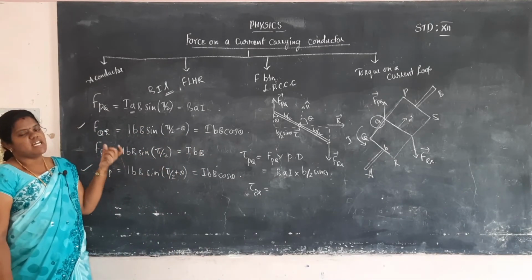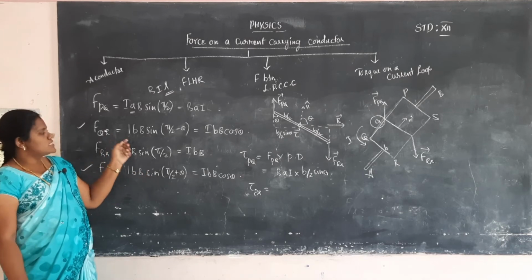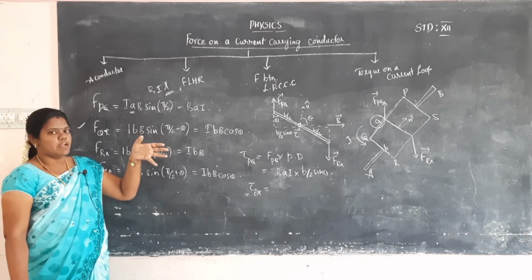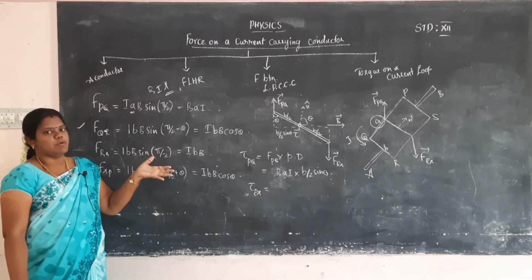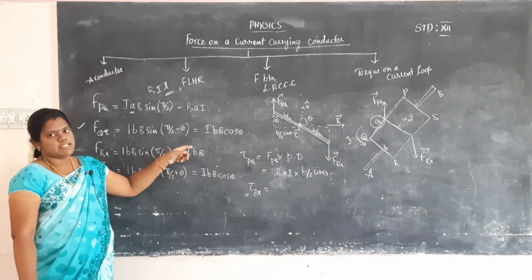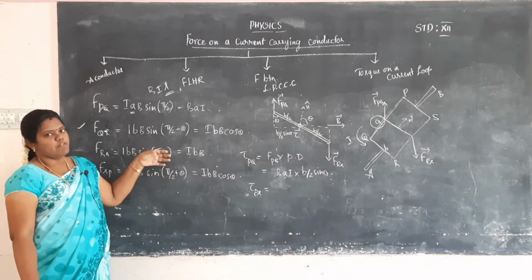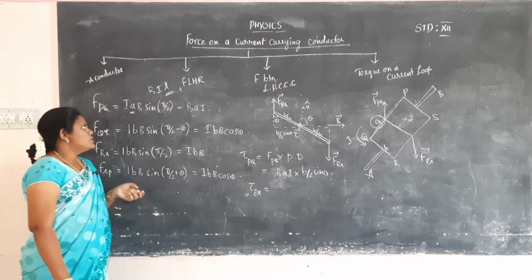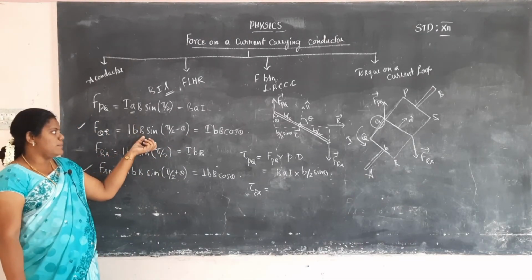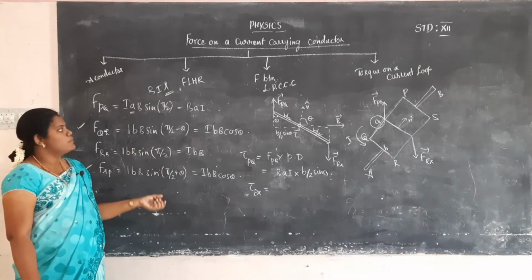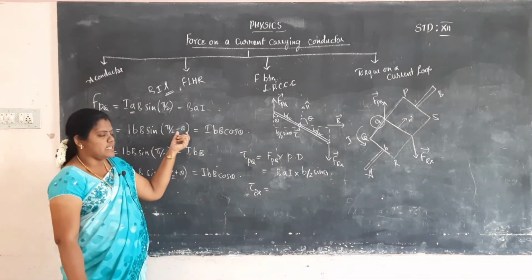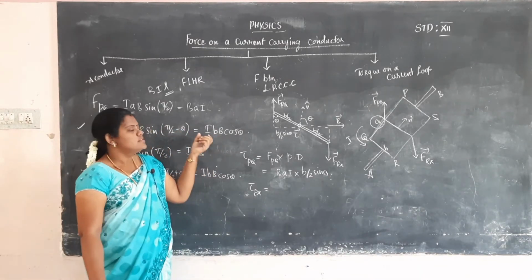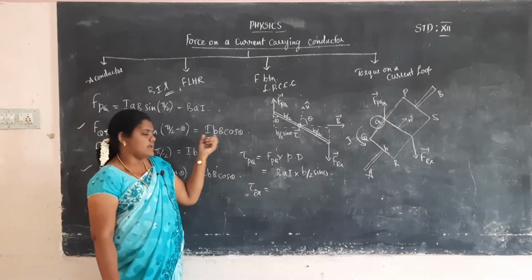Sin(90 minus theta) is cos theta, because the arm is in an inclined position. The remaining angle is calculated from the normal line, that is pi by 2 minus theta, that is 90 minus theta. So the first angle is 90, next 90 minus theta, again 90, then 90 plus theta. Sin(90 minus theta) is cos theta. So BIb cos theta.